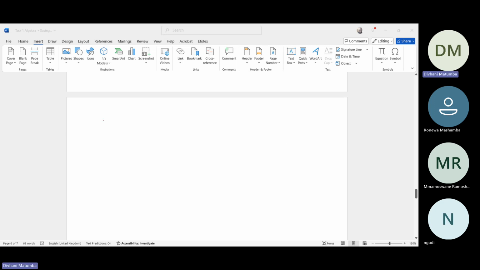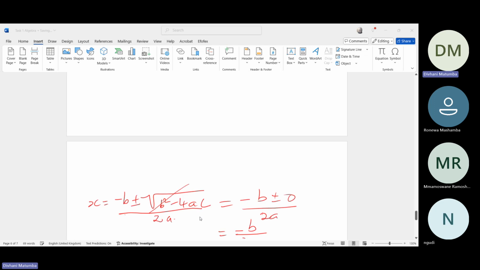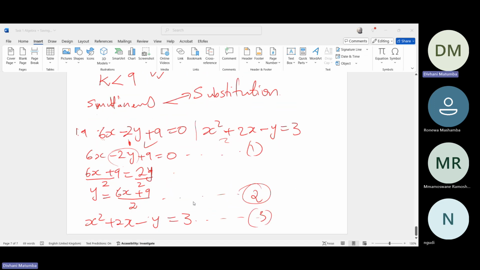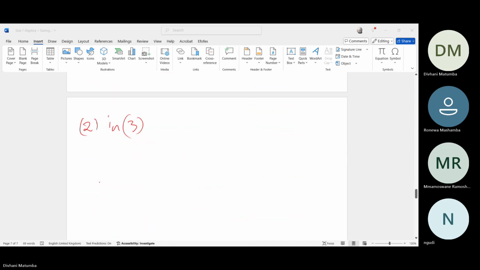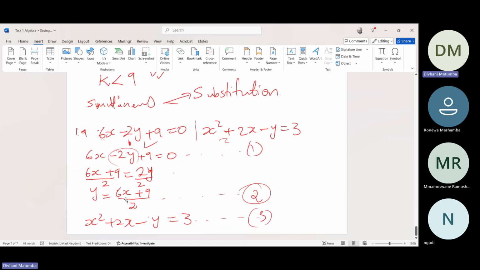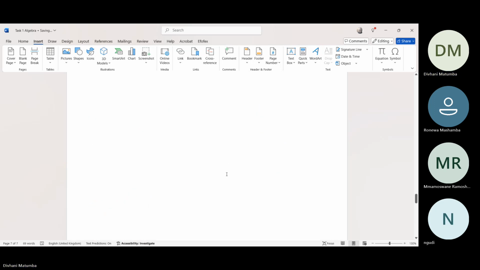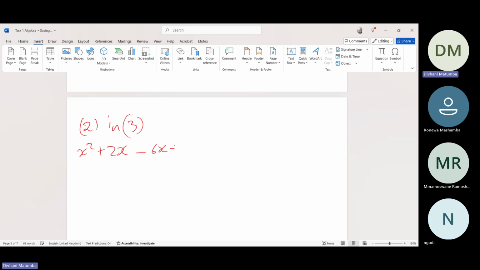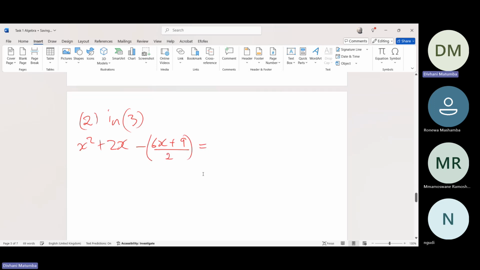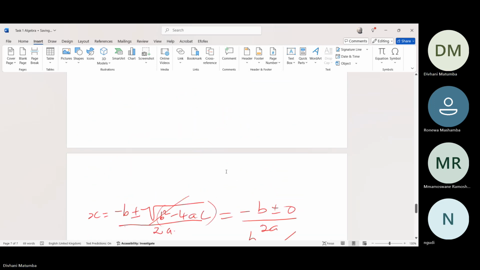If I sub in 2 in 3, I will have x squared plus 2x minus the value of y, which is 6x plus 9 all over 2 in brackets, and everything is equal to 3.